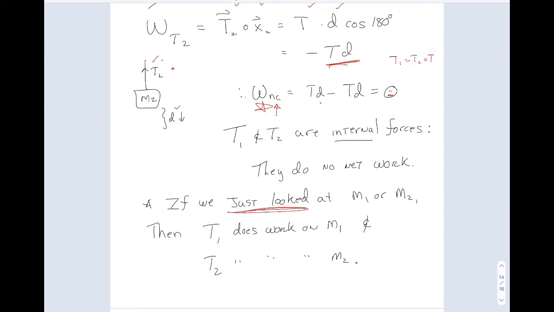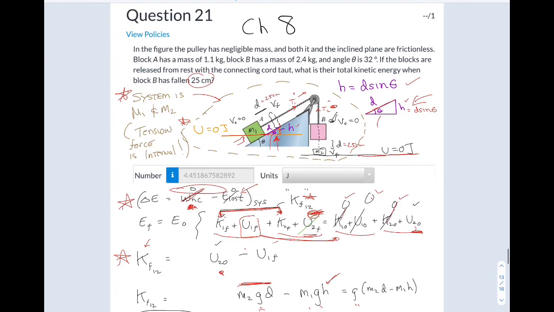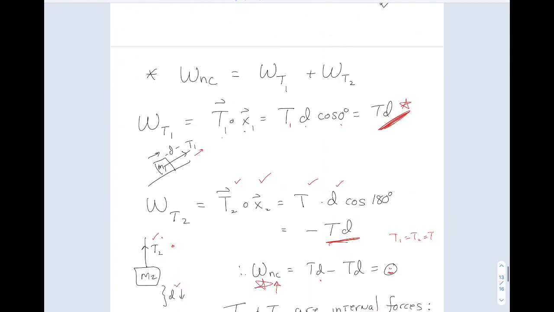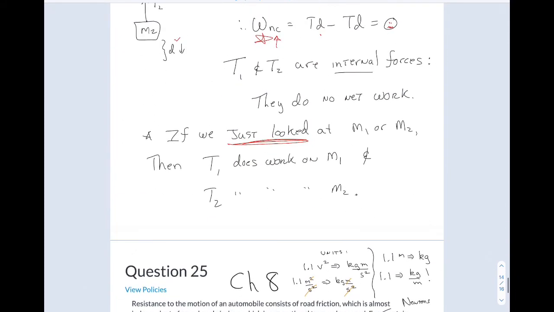But if I just look at one of the masses, say number 1, sitting there, now you let go, and it starts to move. Why did number 1 start to move? That's because tension came by and did work. So if you look at them individually, tension 1 does work on M1 to speed it up.